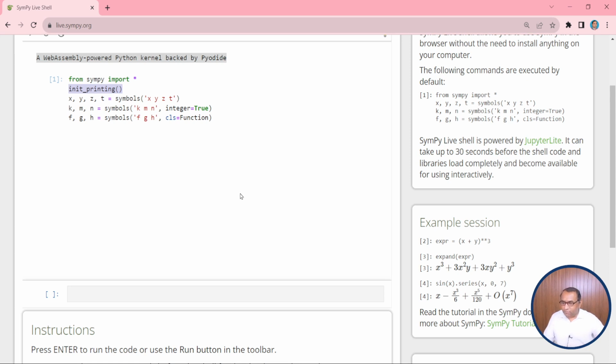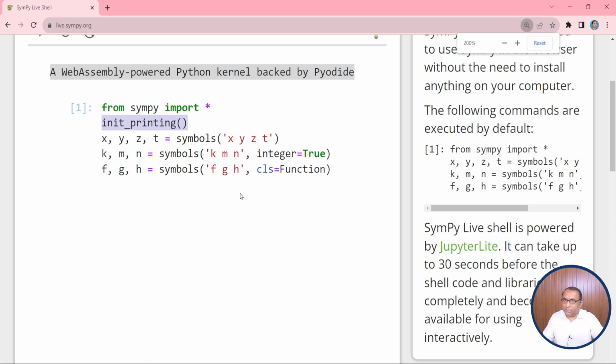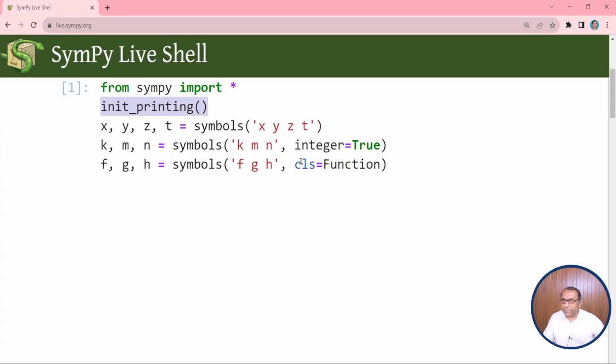If you want to increase the font size, press Control plus Shift plus plus, then you can see the font size increased. In the third statement, we can declare the integers. The symbols function is always used here to declare variables, functions, integers, etc. We can declare multiple variables and integers by separating them with commas.